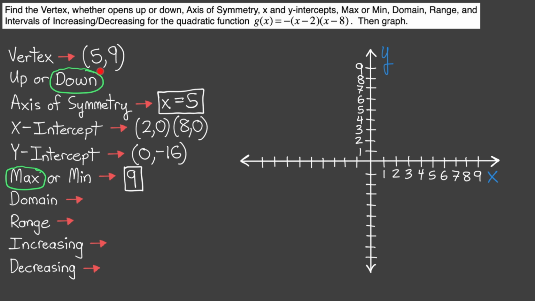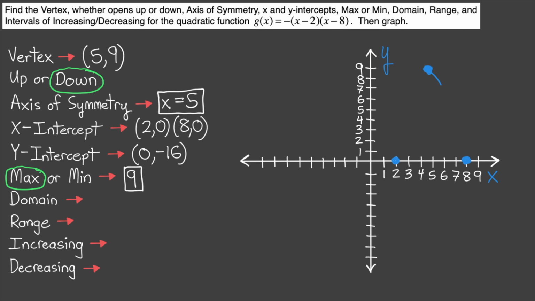All right, so let's graph our vertex first. We have (5, 9), which is roughly here. And then we have x-intercepts of (2, 0) and (8, 0). So we'll graph the (2, 0) first. (8, 0) is over here. And the y-intercept is (0, negative 16) here, which goes beyond the graph, so it's probably going to be fairly steep there.